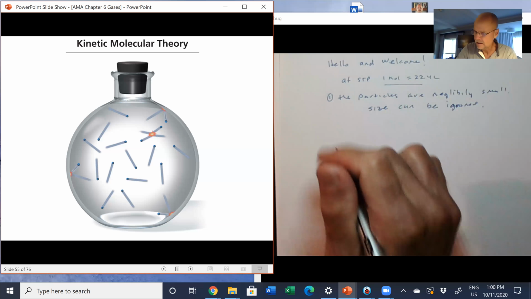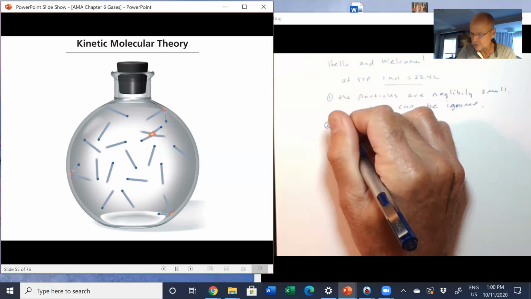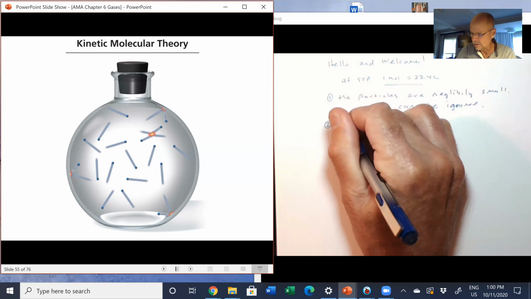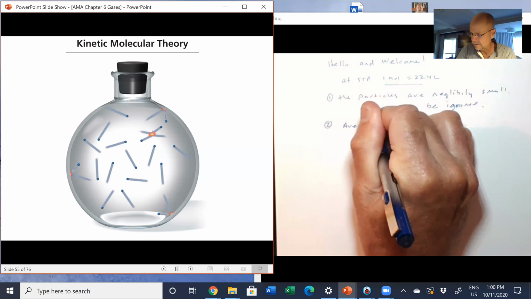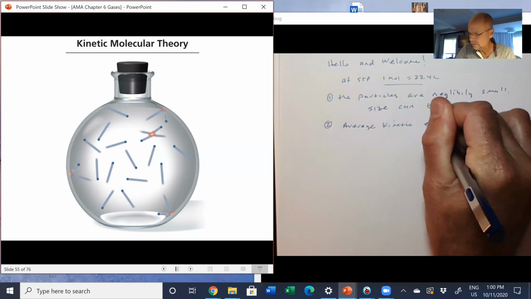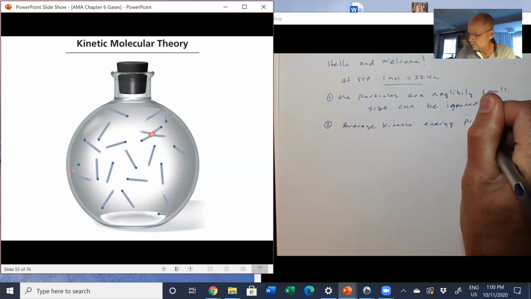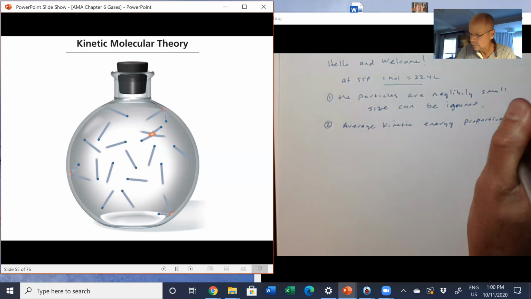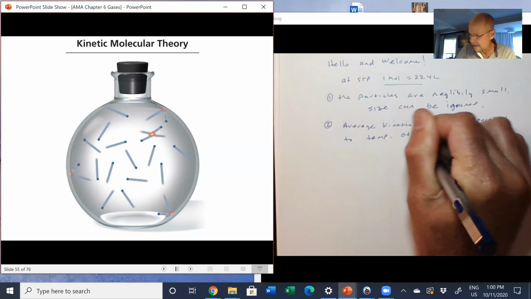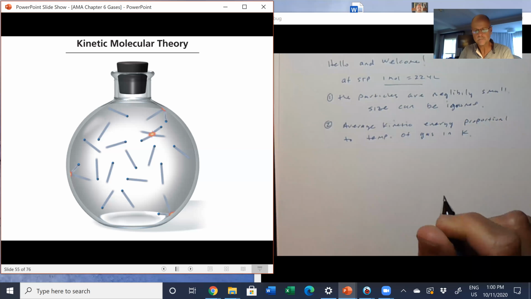All right? So the second assumption is that the average kinetic energy of a particle is proportional to the temperature of the gas in kelvins.